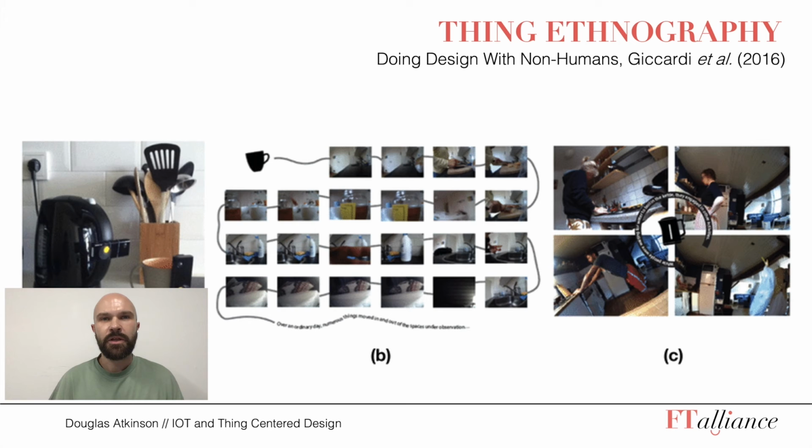So in this example with the kettle, they were interested in how the amount of time that was taken to boil a kettle to make a cup of tea or coffee structured people's behavior. There's an example in one of the images of someone lunging and doing press-ups on their kitchen counter. And for them, the idea of time and interactions with objects is really significant. So from the perspective of the thing, looking at how often it's used and what its life is like outside of its engagements with humans who are using it.